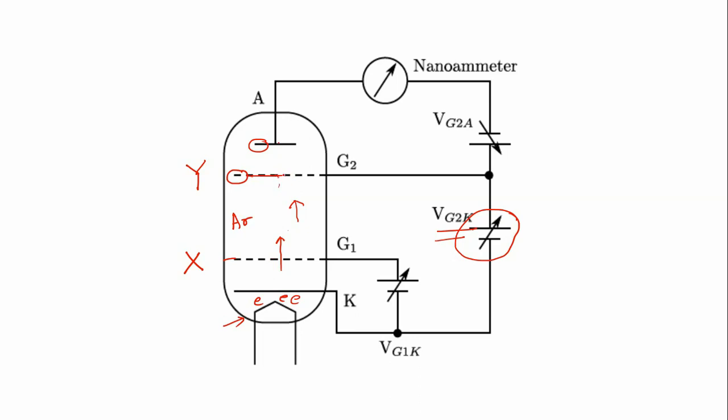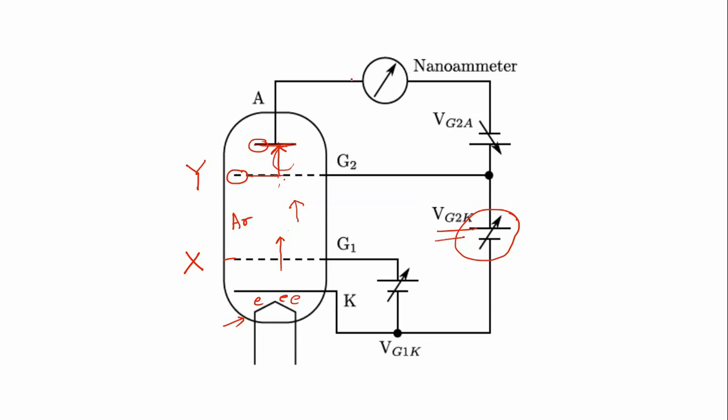If this energy is sufficiently larger than the barrier between the anode and grid 2, because the anode is kept at negative potential, only then can this electron reach the anode.